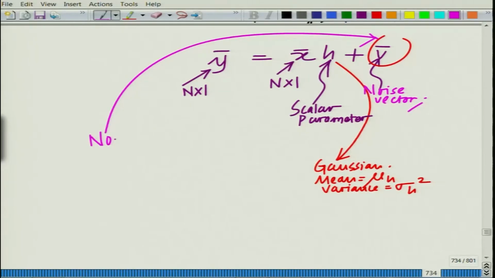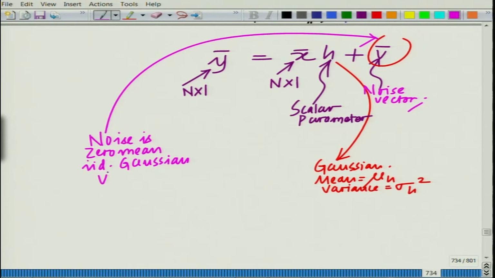Each noise sample Vi is 0 mean, and the variance is sigma square. So the noise is 0 mean IID Gaussian.